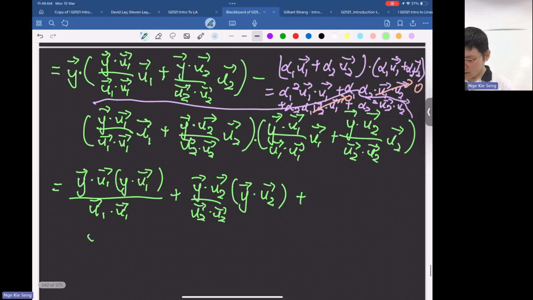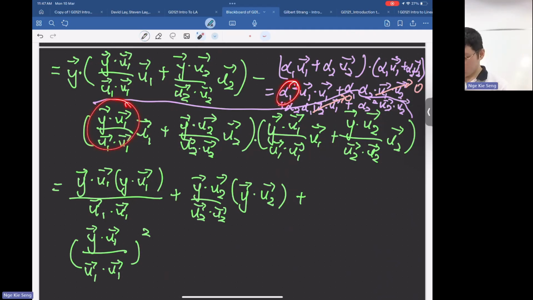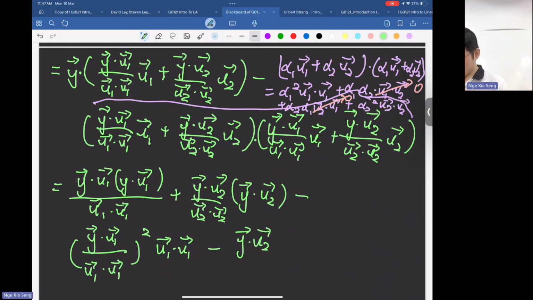What's left is (y dot u1 over u1 dot u1) squared, because the scalar will get squared, right? And then you will get u1 dot u1, minus the second term, (y dot u2 over u2 dot u2) squared times u2 dot u2.